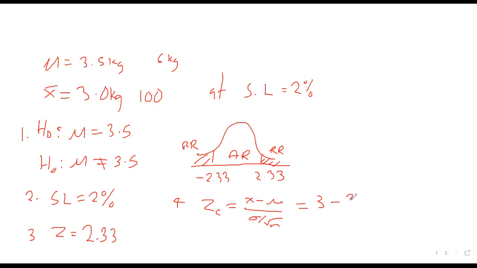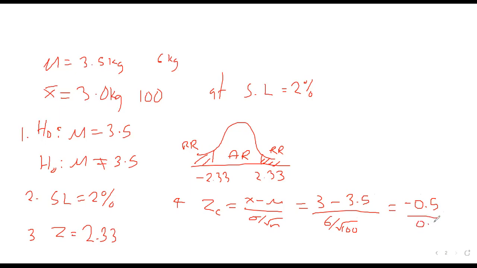Then our mu, the one we're testing, is 3.5. Like I mentioned, hypothesis testing is mainly about testing differences that exist between two means. So we know that clearly the 3 kgs and the 3.5 are different by 0.5. We want to know the significance of this 0.5. So here we're going to divide the 0.5 over the 0.6.